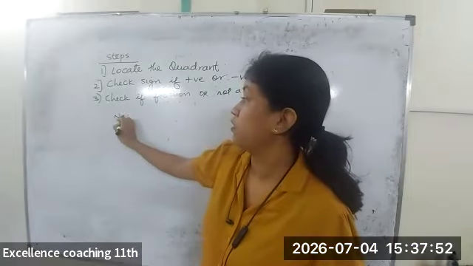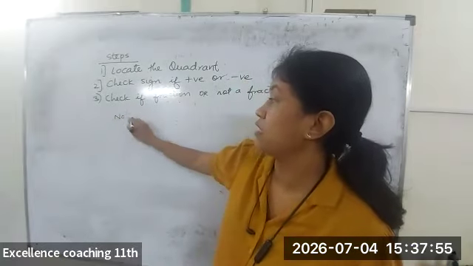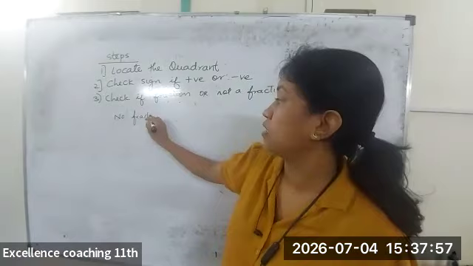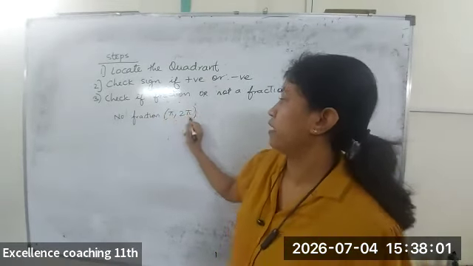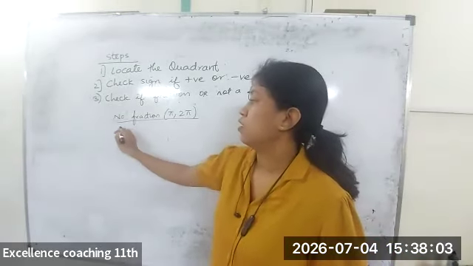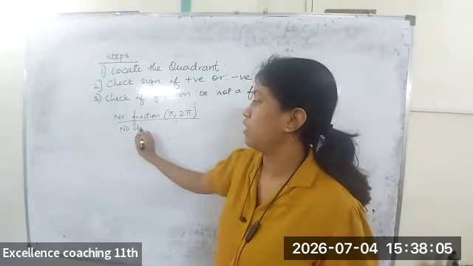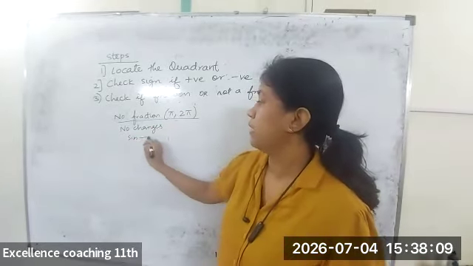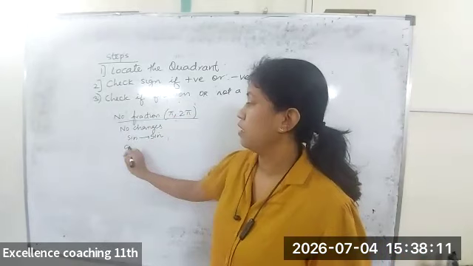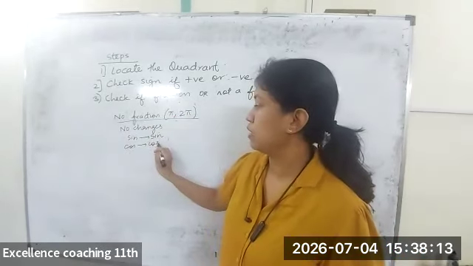So two conditions. If not a fraction or no fraction is there, no fraction means pi, 2 pi. These are the categories of no fraction. No changes will happen. No changes means sine will remain as sine only. Okay. Cos will remain as cos.